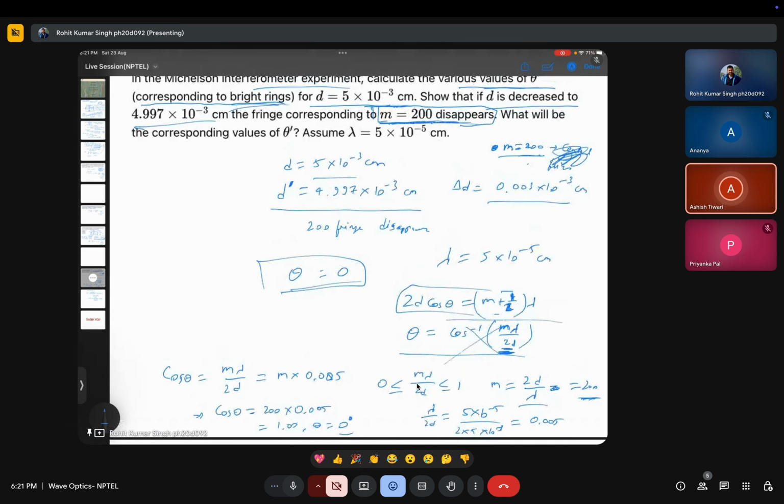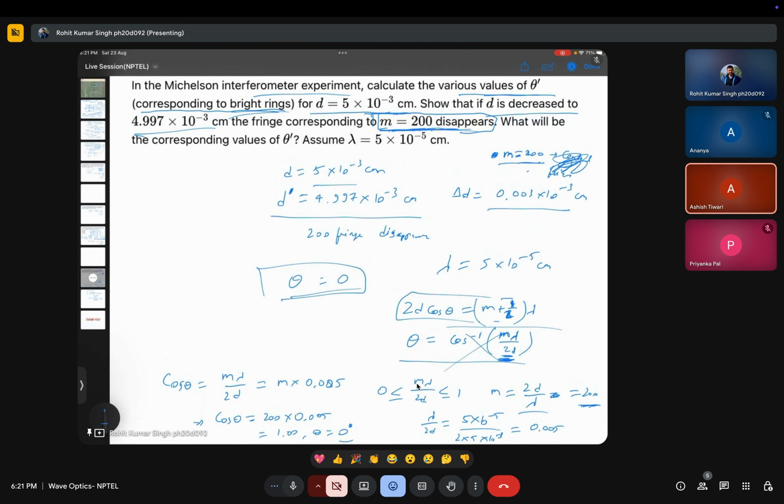Sir, but this is the condition of dark, because all mathematical conditions are taken for the transmitted region. Sorry, no. Here it is written, calculate the various values of theta prime corresponding to bright rings for d equal to this.